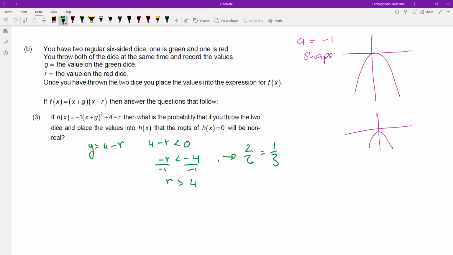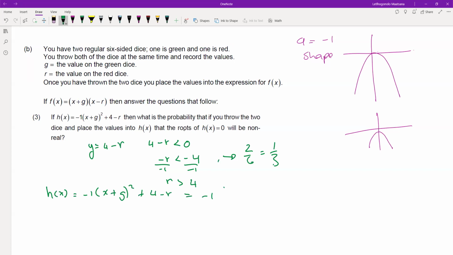Or we can try and solve it algebraically by saying, okay, we understand h of x is equal to minus 1 times (x plus g) squared plus 4 minus r. We'll multiply out.